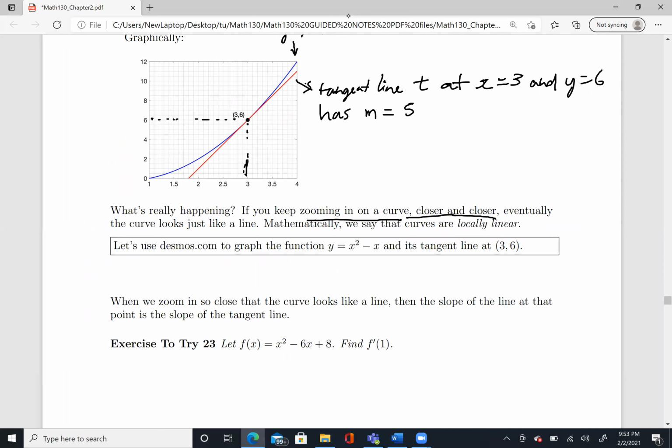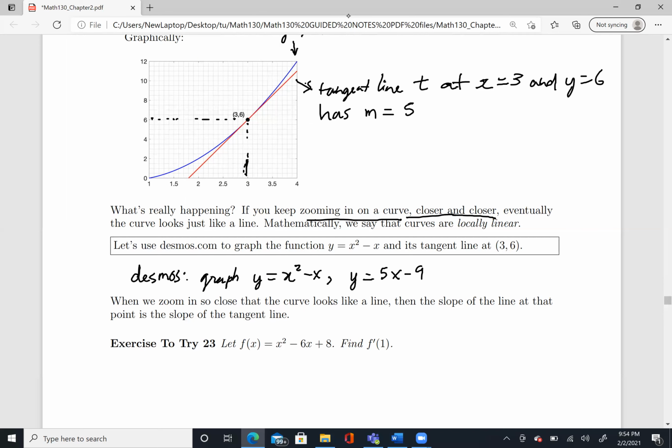So let's use Desmos to graph the function y equals x squared minus x, and its tangent line at 3, 6. I can show you. You can use Desmos to graph the function y equal to x squared minus x, and then y equal to 5x minus 9.